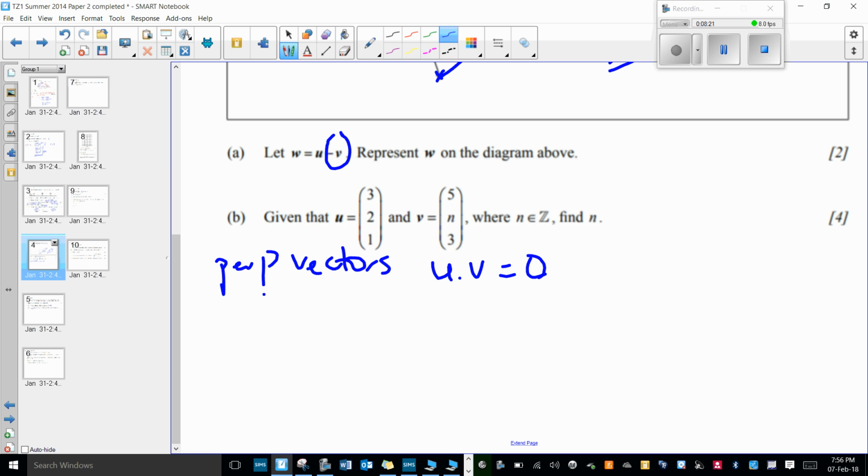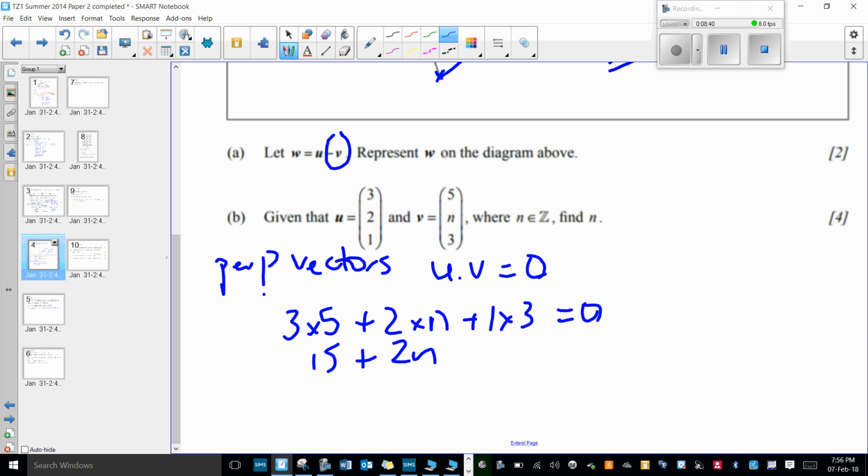So we're going to find the dot product, so that would be 3 times 5 plus 2 times n plus 1 times 3 would be equal to 0. So it's 15 plus 2n plus 3. So 2n equals negative 18 and n equals negative 9. Done.